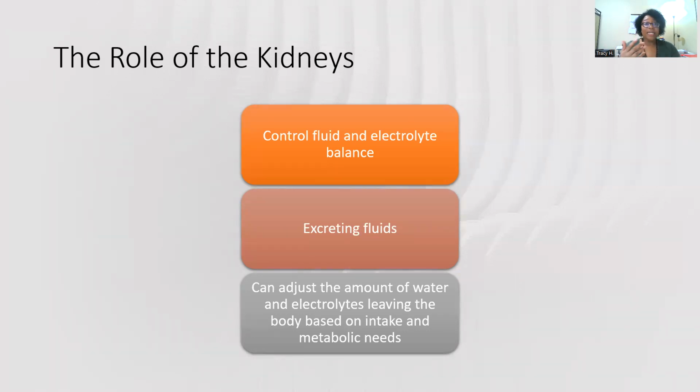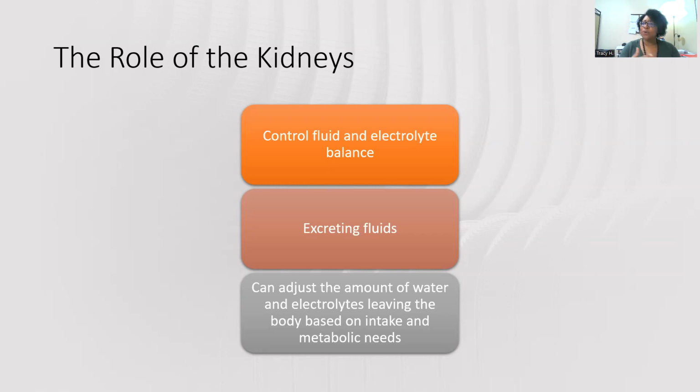And the kidneys are incredible because they can adjust the amount of fluid that's excreted and, in addition, the amount of electrolytes leaving the body based on what the body needs, what their intake is.